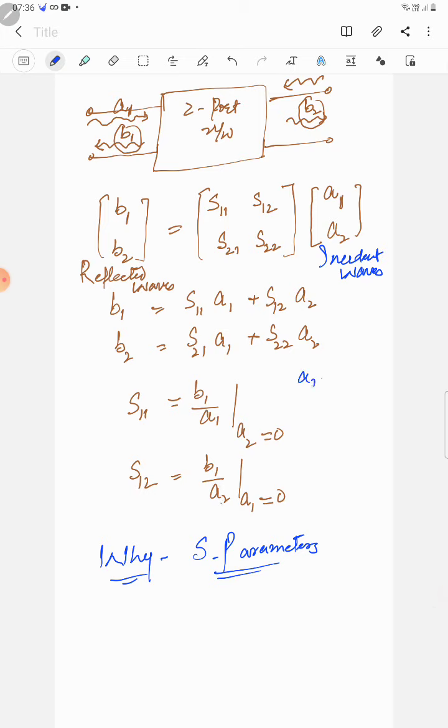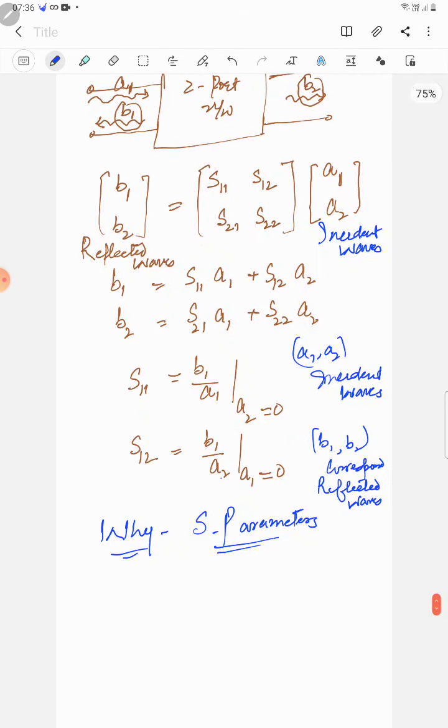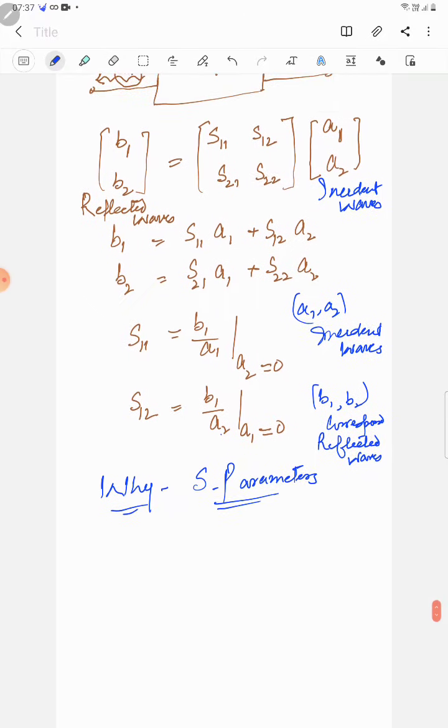As I said, A1 and A2 correspond to incident waves, and B1 and B2 correspond to reflected waves. So we are discussing it in terms of waves rather than voltages and currents. In case of ABCD parameters, Y parameters, Z parameters, the discussion is in terms of currents and voltages. But here, when it comes to S parameters, the discussion is in terms of the incident and reflected waves.